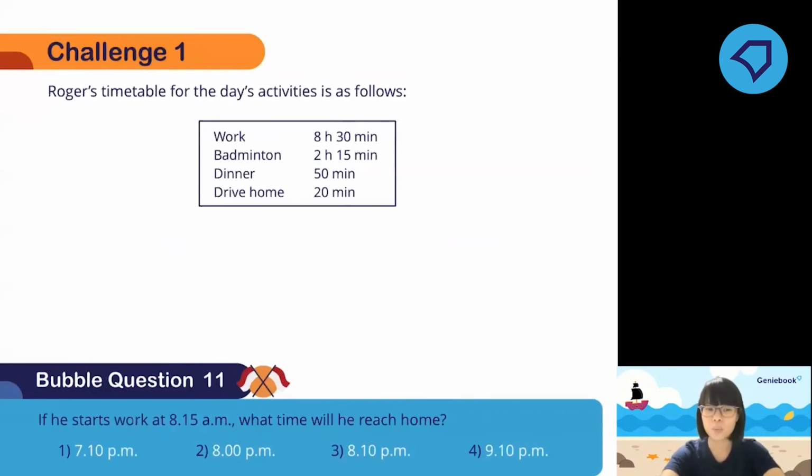If he starts work at 8:15 a.m., what time will he reach home? He will start at 8:15 a.m. He has to go to work. He will play badminton. He will have dinner. And then he will drive all the way home. So what time will he reach home? 3 minutes to answer the question. Options landing in 3, 2, 1. Ta-da.